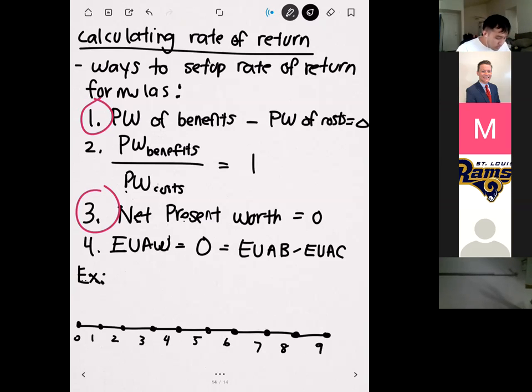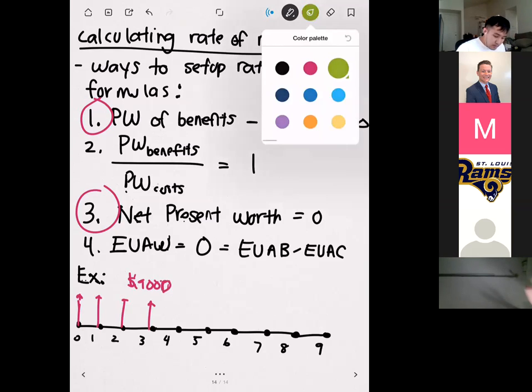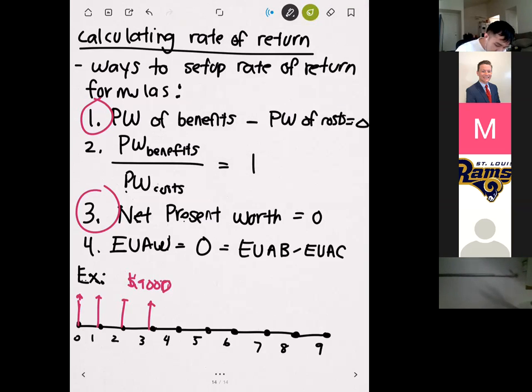In years 0 through 3, we have a benefit, and all of these have the same value of 9,000. Then in years 5 through 9, we have a decrease, and everything in green right here will be 8,316. For this problem, what we want to find out is the rate of return.